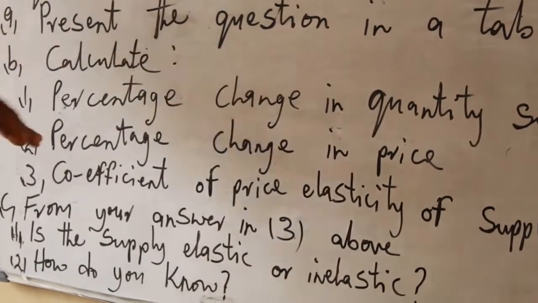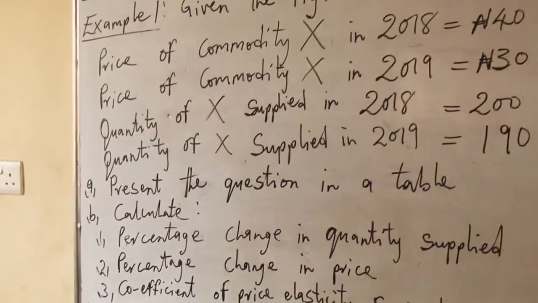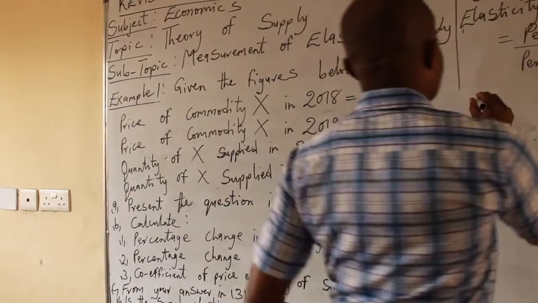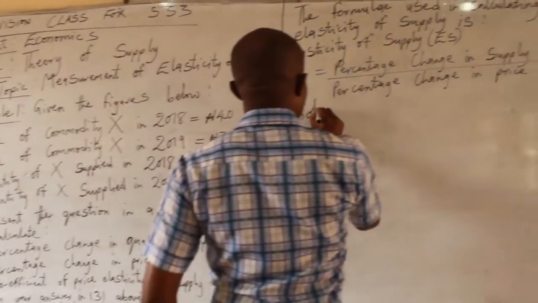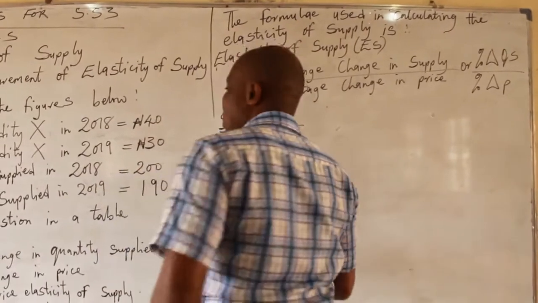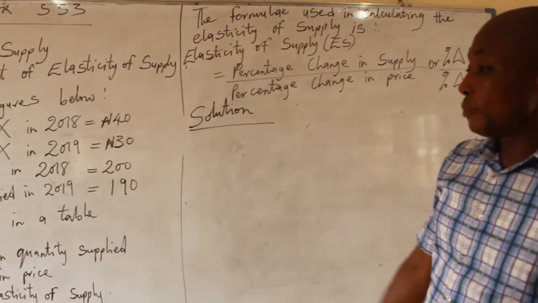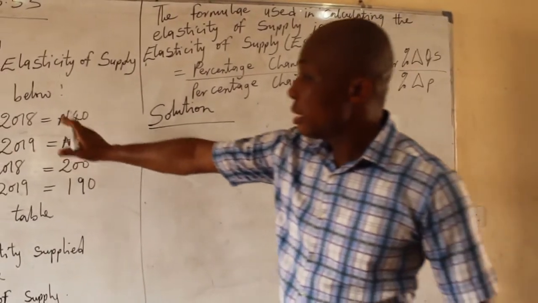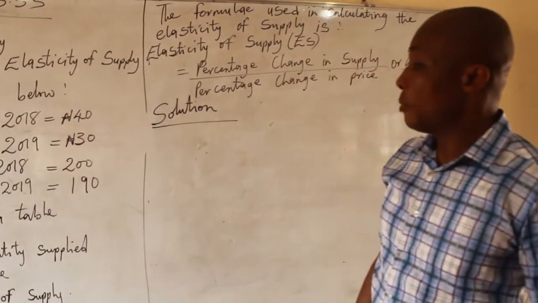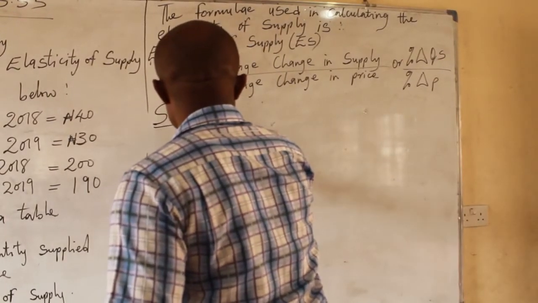If you look at the question, this is a standard WAEC question. Let's now solve. Question A, we are asked to present this in a table, and this is what we are expected to do.